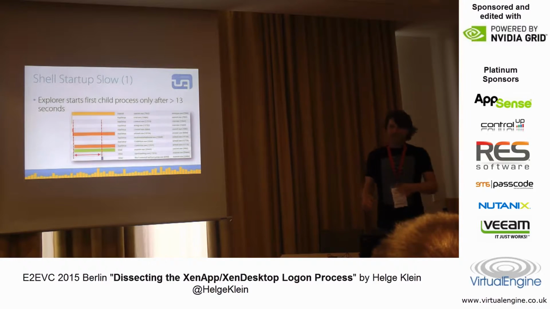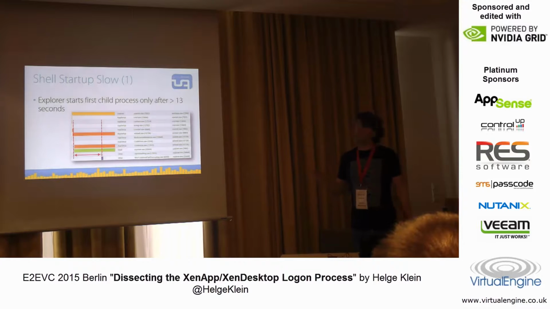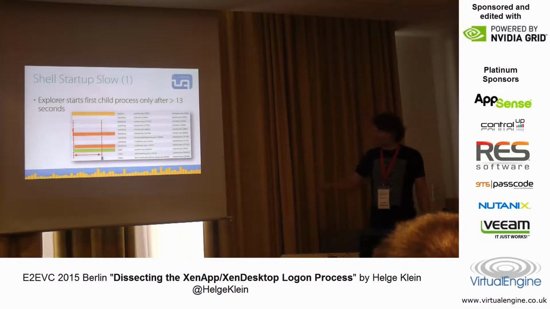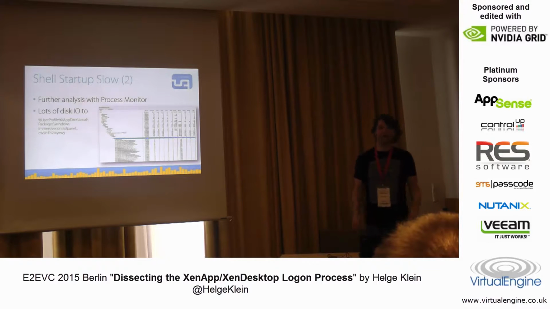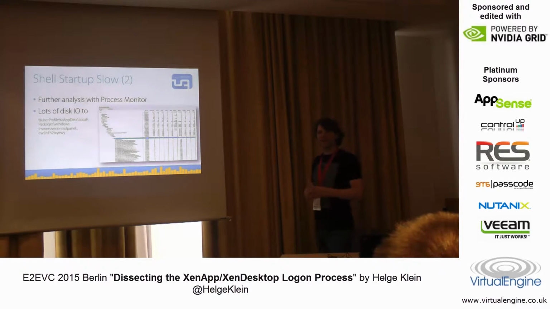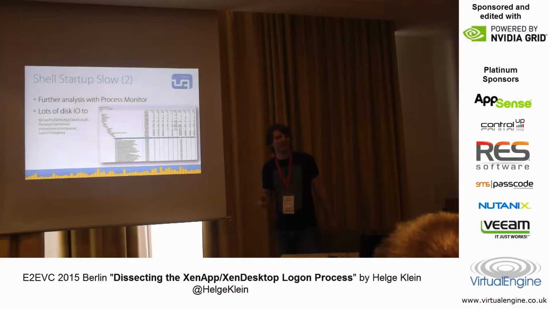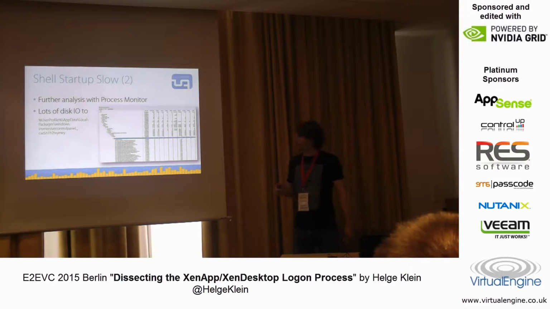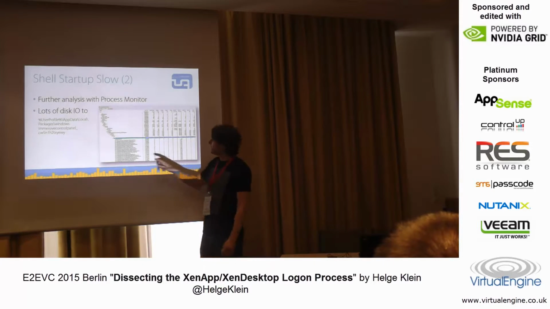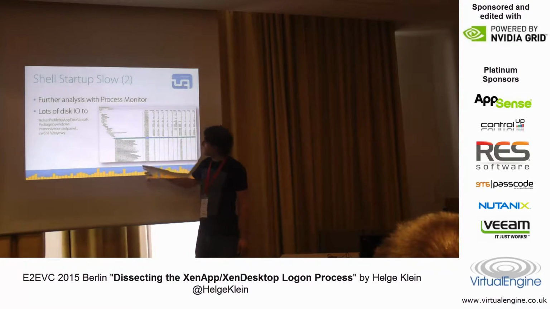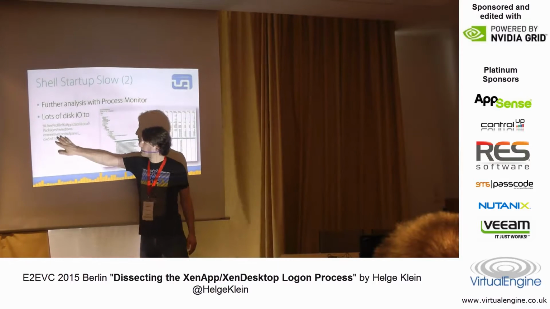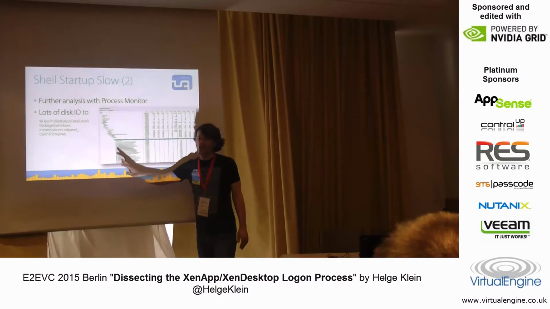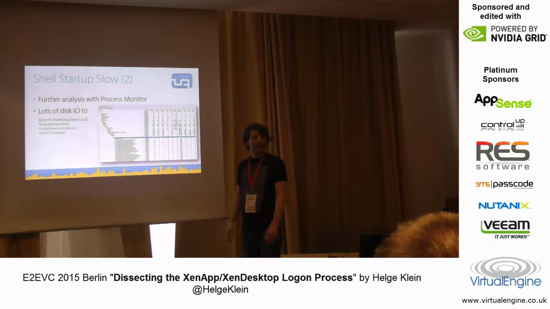And I looked left and right for an explanation of what might actually be happening during those 13 seconds, and I found in Process Explorer that Windows Explorer is creating lots of disk I/O, and most of that disk I/O goes to this one directory. It's in the user profile, AppData Local, Packages, and then something immersive control panel.